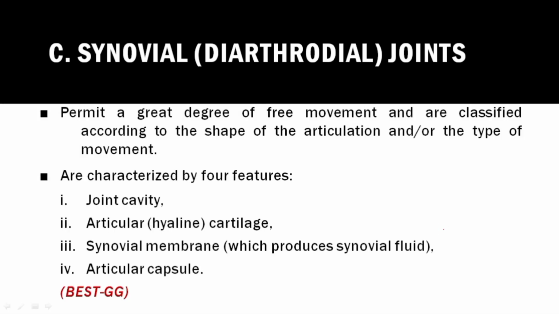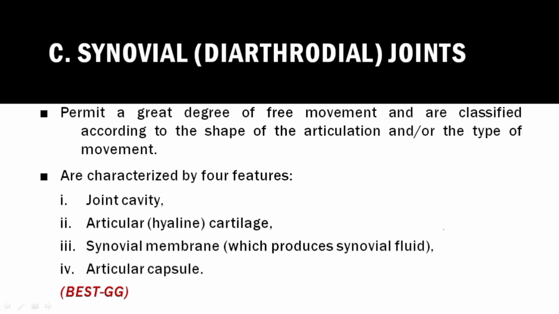The third classification of joints is the synovial joints or the diarthrodial joints. They permit a great degree of movement, and they are classified according to the shape of the articulating surface or the type of movement that is permitted by the joint.